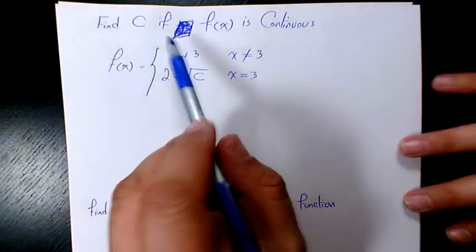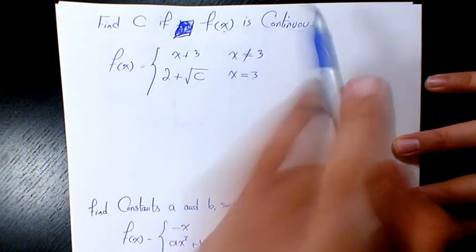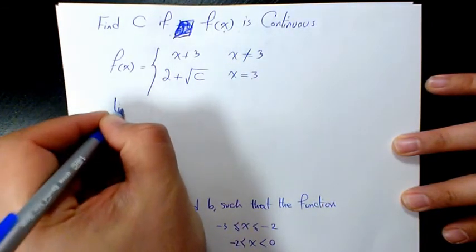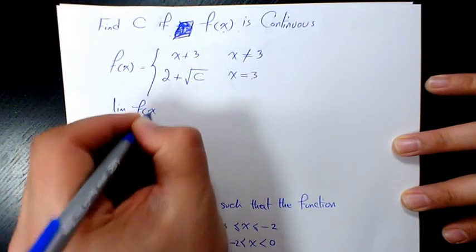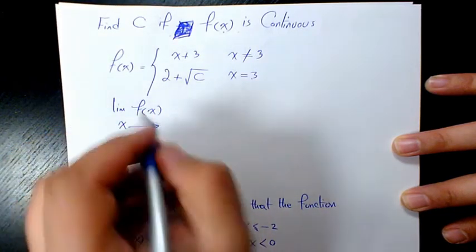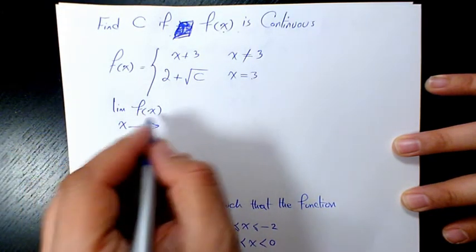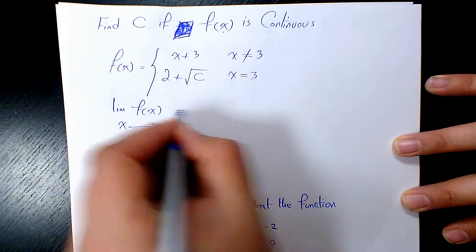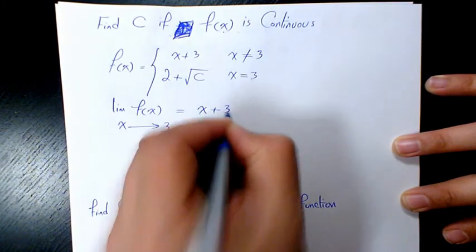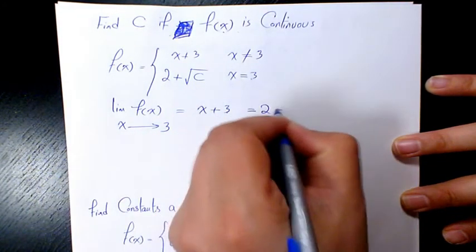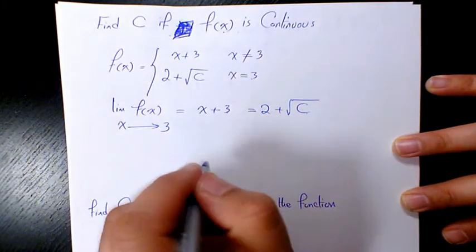Find the value of c when f of x is continuous. So we're going to say the limit of f of x as x approaches 3 has to be equal to 2 plus root c.